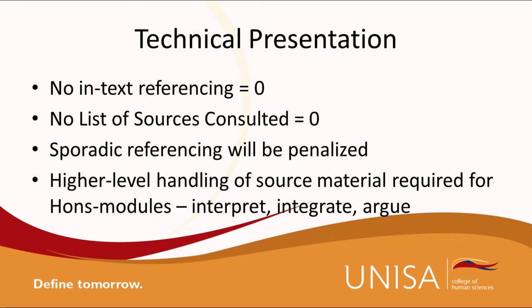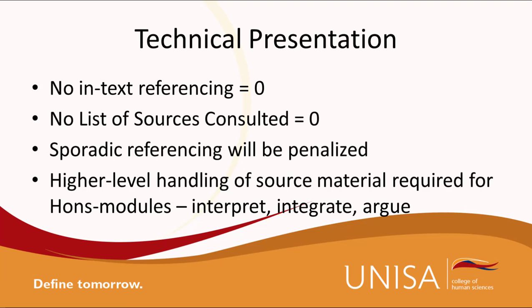You must be able to handle your source material technically correctly by using the correct formatting, style, completeness, correctness, and so on. But on honors level, you must be able to interpret material from sources and integrate between sources. You must also be able to write arguments and discussions in your own voice and in your own words, not only in your own words, but also your own interpretation of things.